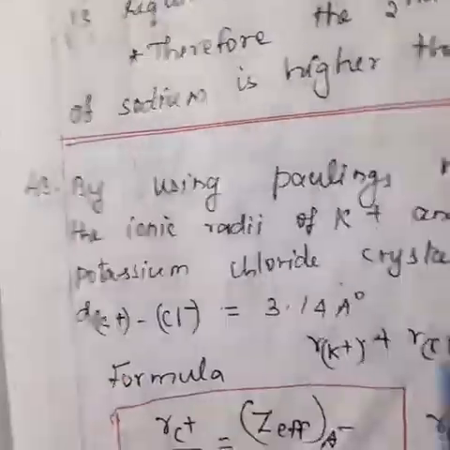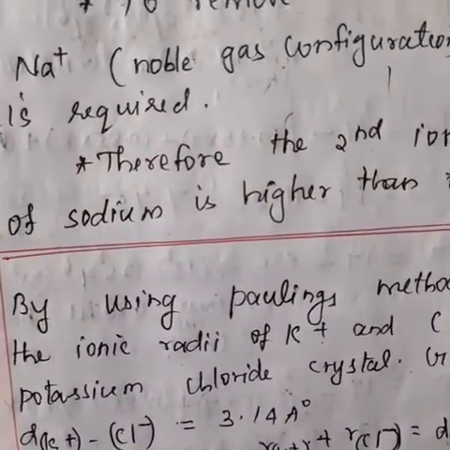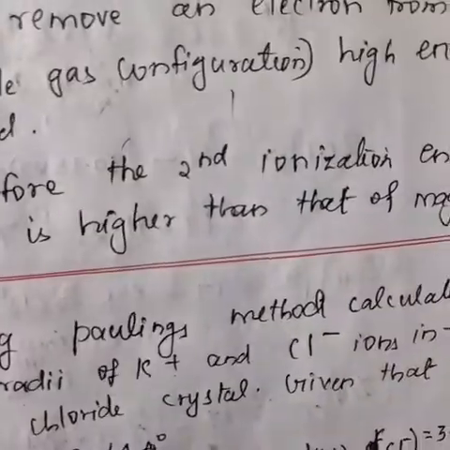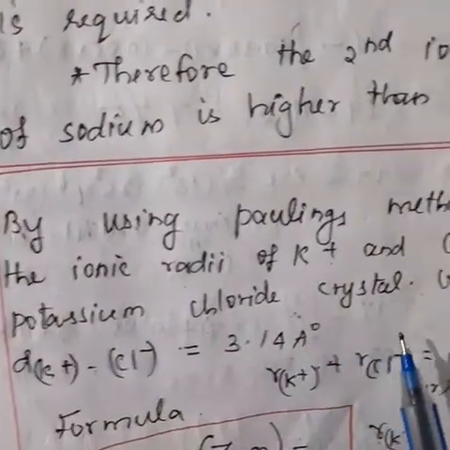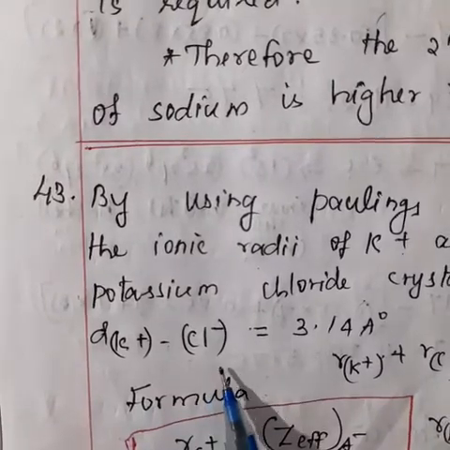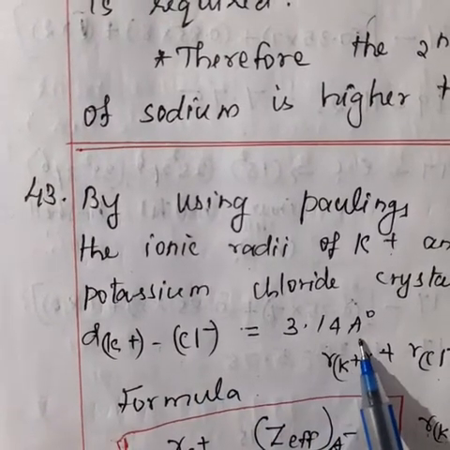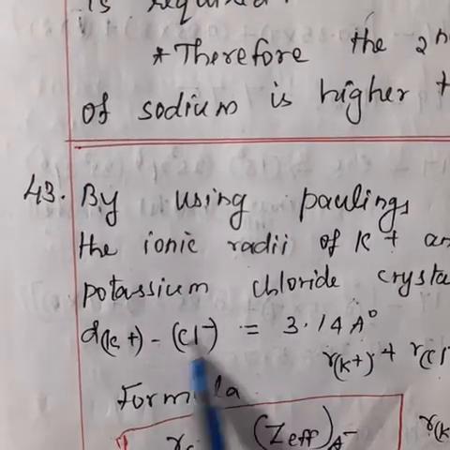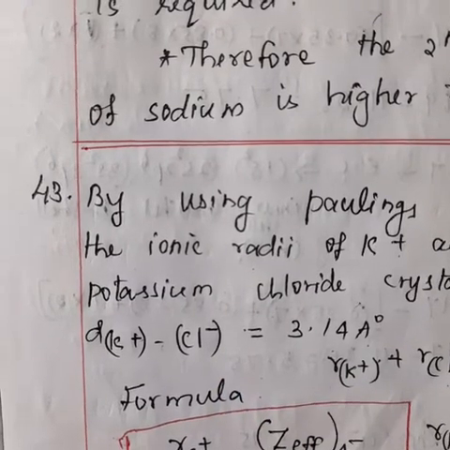And question number 43. By using Pauling's method, calculate the ionic radii of K plus and Cl minus ions in the potassium chloride crystal. Given that d of K plus and Cl minus is equal to 3.14 Angstrom. This is the distance between them. Here one crystal is given.